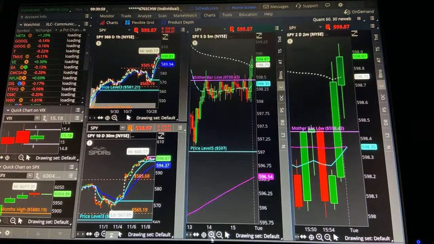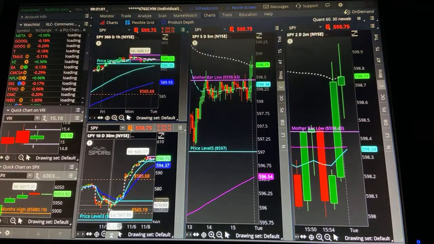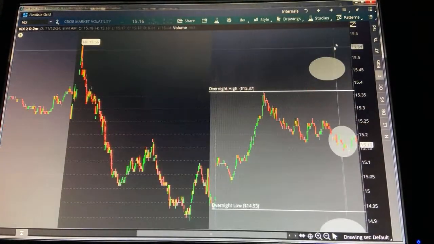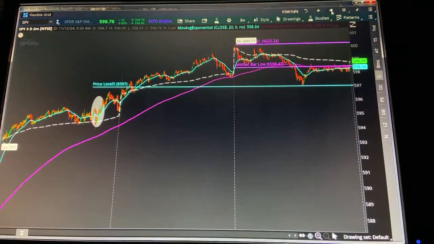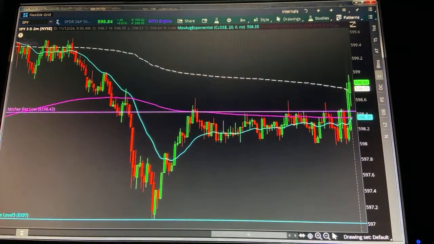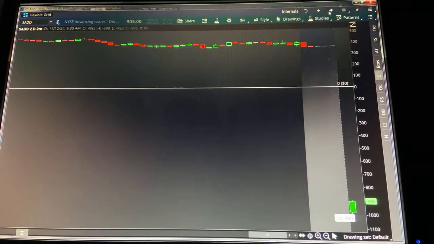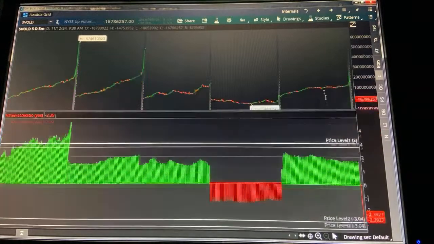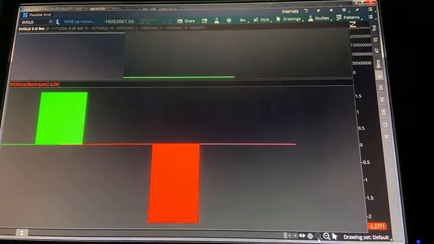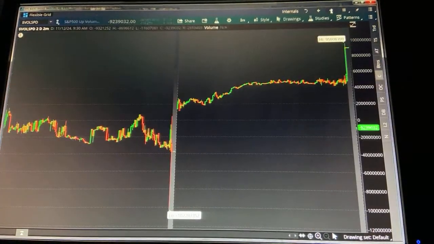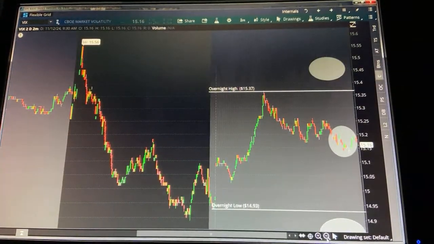Advance-decline, negative 900. Not super extreme, but down there. Vol D on the NYSE, slightly down, negative 2.2. Extreme would be negative or positive 3. VIX hanging out.